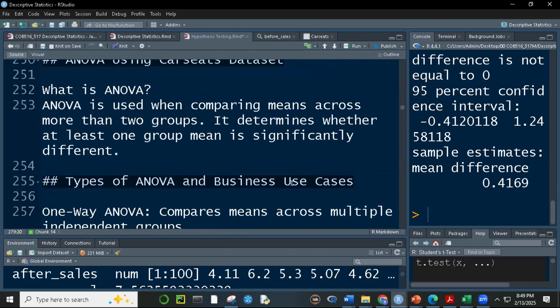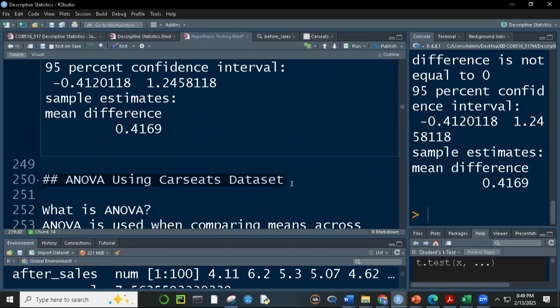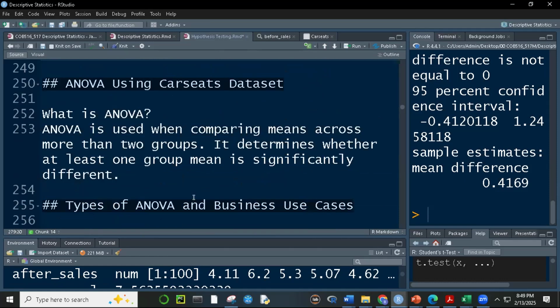Okay, so again, class, just by way of introduction, for the t-test, you're comparing one sample with the population. Independent two sample compares two groups. For paired, you're comparing one data set between levels of that data set.